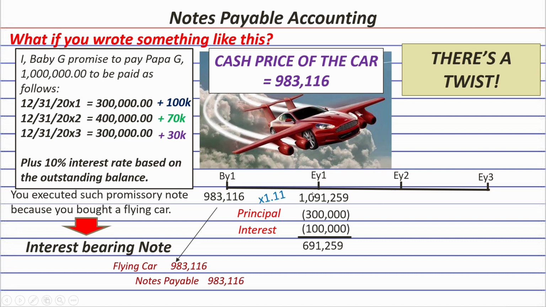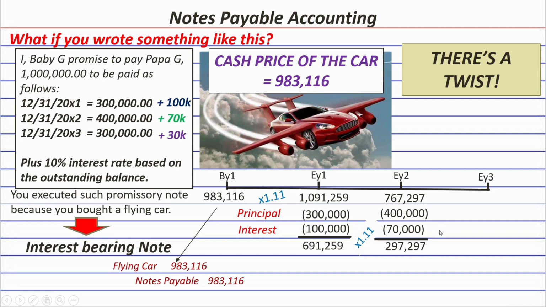Okay? Now, times again 1.11. And we have 767,297 minus 400,000 principal and another minus 70,000 interest payment. And we will have 297,297, which is the carrying value at the end of year 2. Okay?